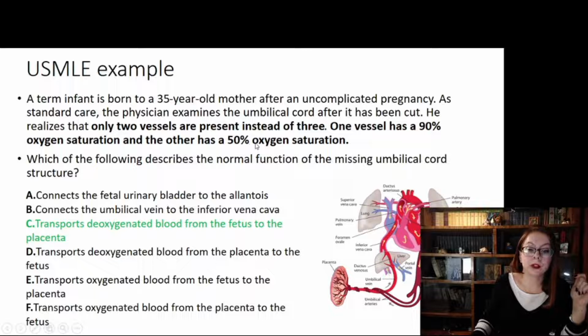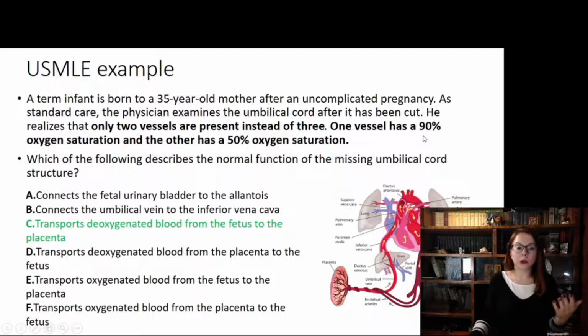First of all, you should remember that there is 1 vein in the umbilical cord and 2 arteries. The vein carries oxygenated blood, arteries deoxygenated. So from this information we can understand that one vessel carries much more oxygenated blood than another.